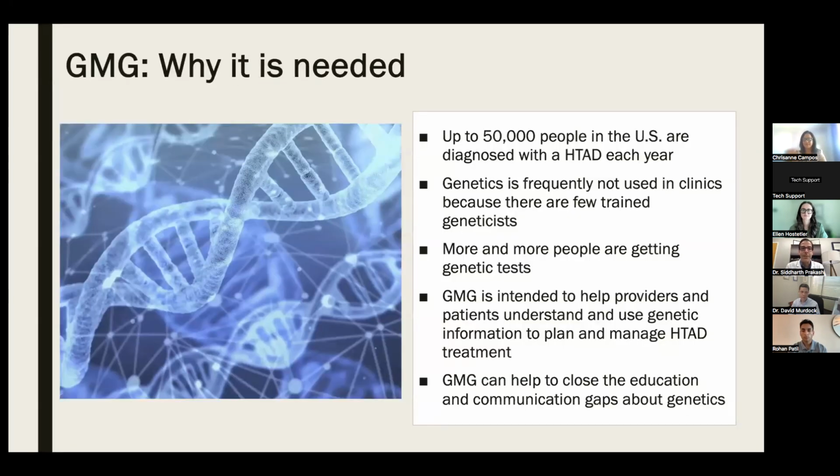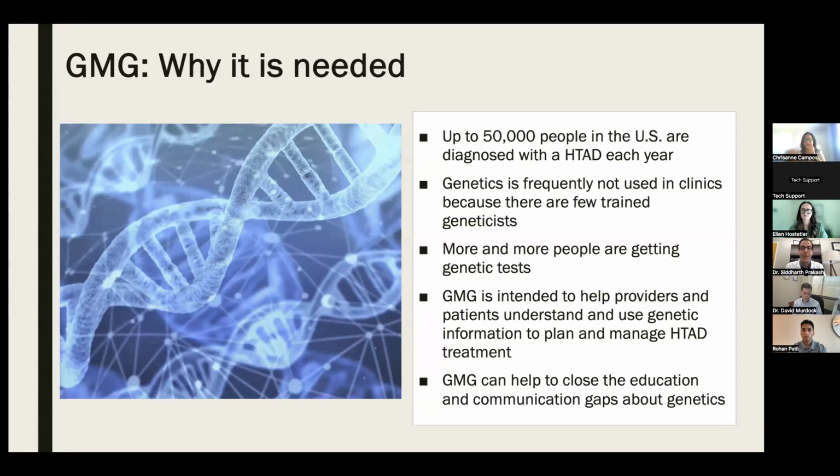So some people might wonder, why do we need an app about heritable thoracic aortic disease? The reason is that there is a gap in education and communication about the genetics of aortic disease. Up to 50,000 people are diagnosed with a form of heritable thoracic aortic disease every year. But genetics is frequently not used because there are few trained people who are familiar with genetics.